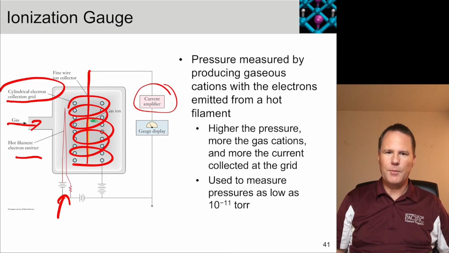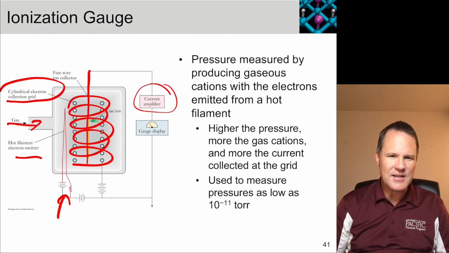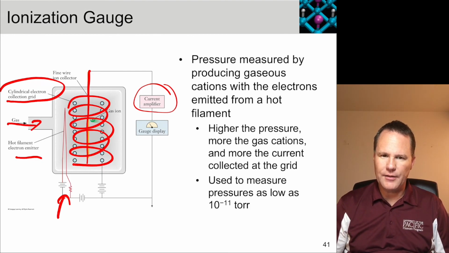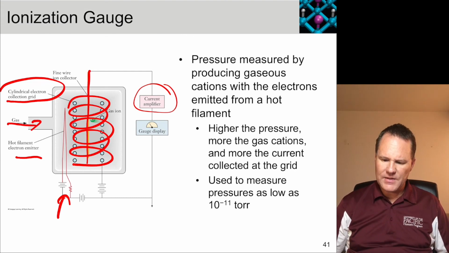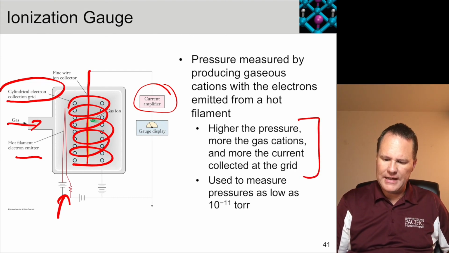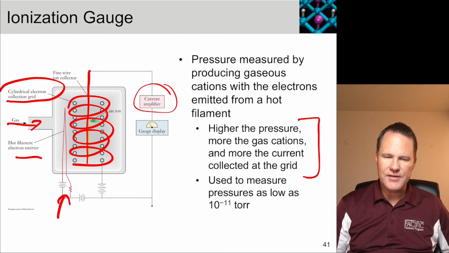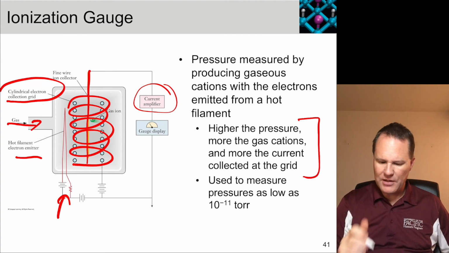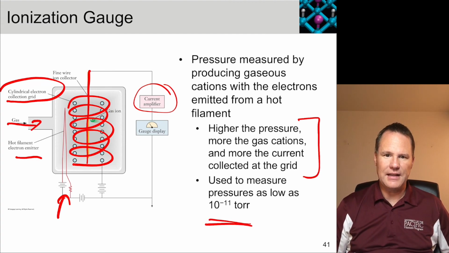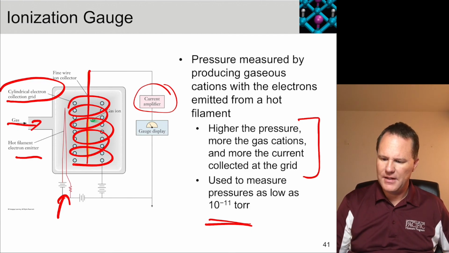The more molecules you have, and the better ionizable they are, the higher the current you'll measure. So essentially the number of charges collected will be proportional to the pressure, but of course this needs to be calibrated big time, because ionization energies differ and different gases behave differently. You can measure down to 10 to the negative 11 torr, which would be 10 to the negative 14 atmospheres roughly.